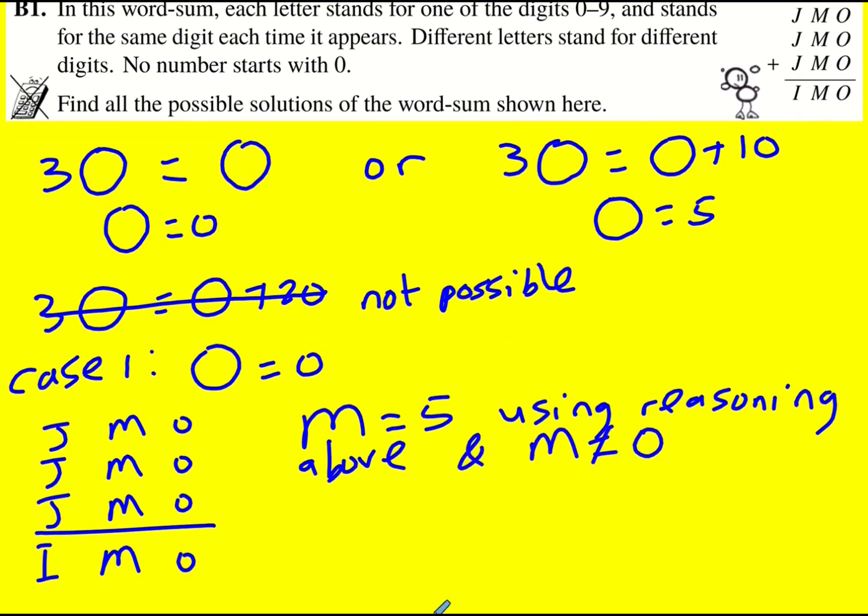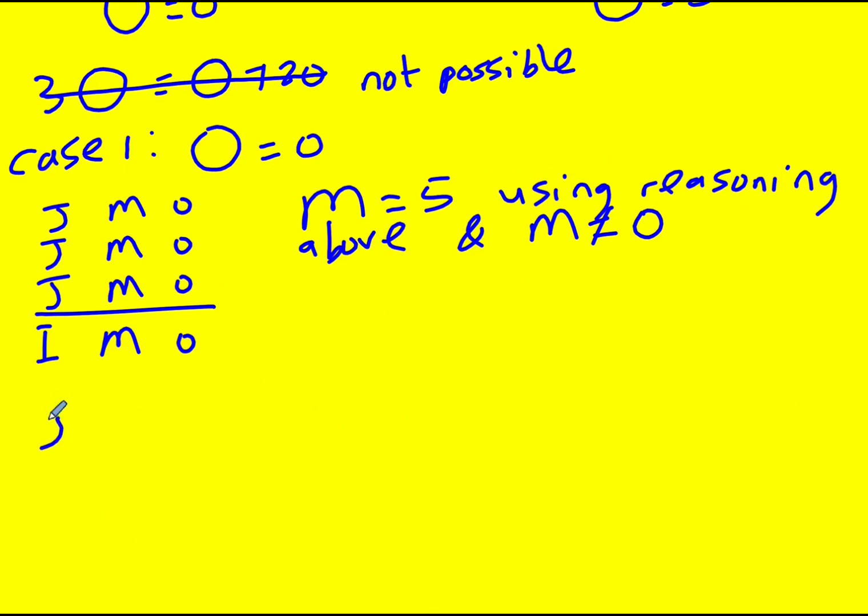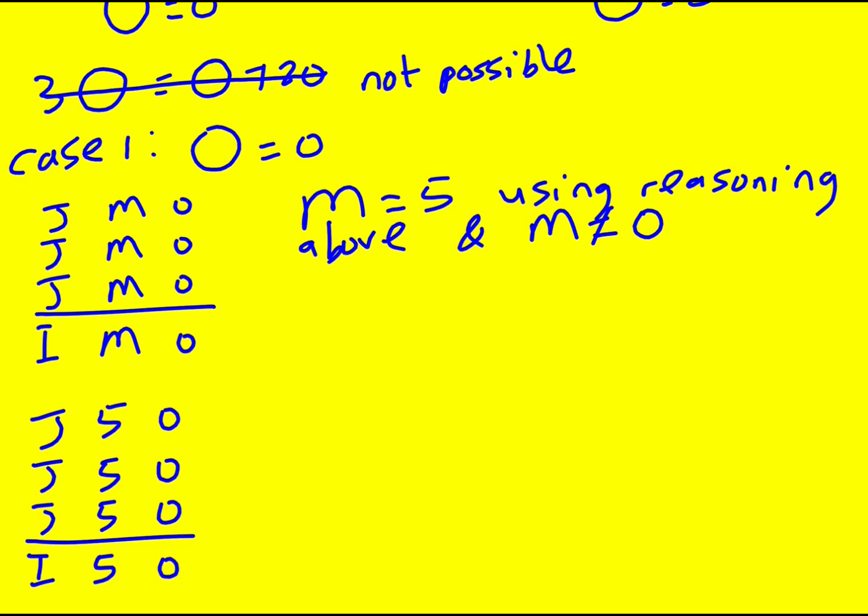All right, that's really good. So let's write it out again. J5, 0. So here I've got 15, so I'd get a 5 and I'd carry a 1.